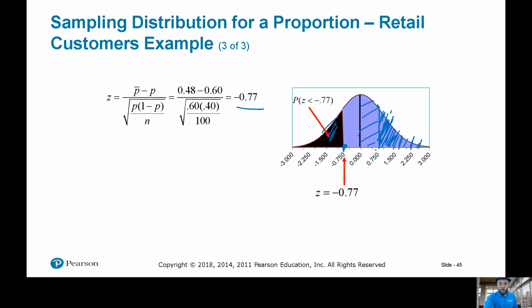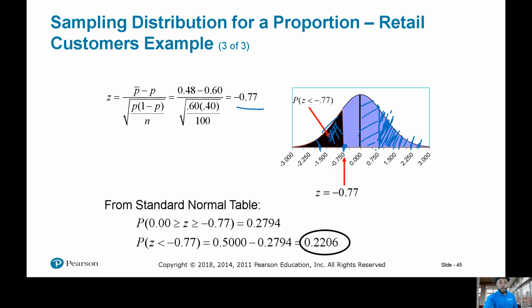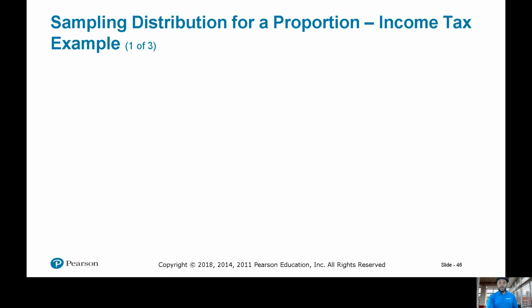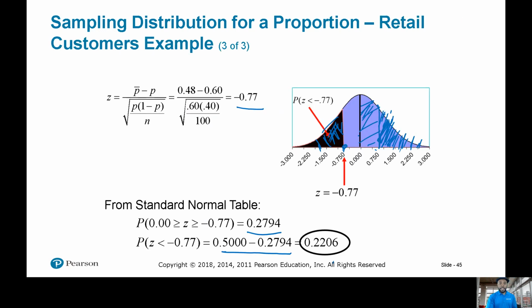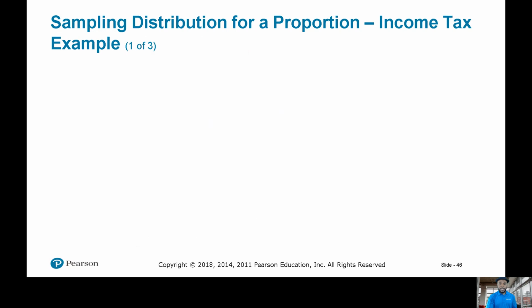This area is equal to the same area because this normal distribution is symmetrical. So this area is 0.2794, and when we subtract from 0.5, we get this area, which is 0.2206. So that's the probability.